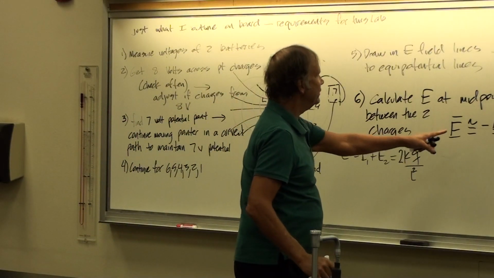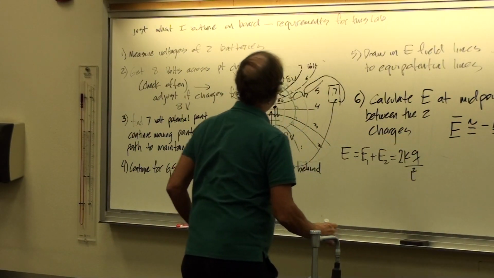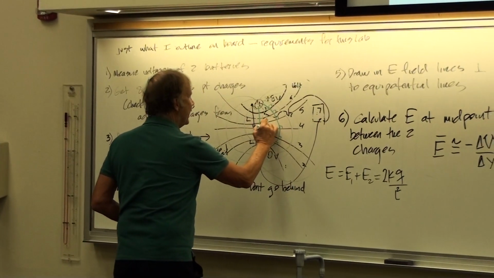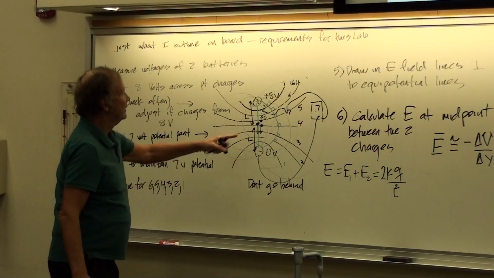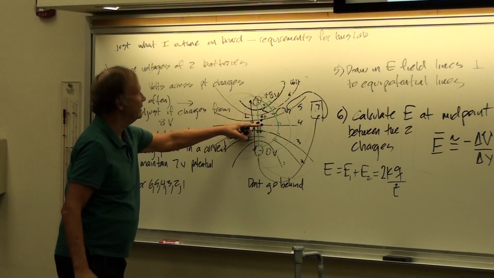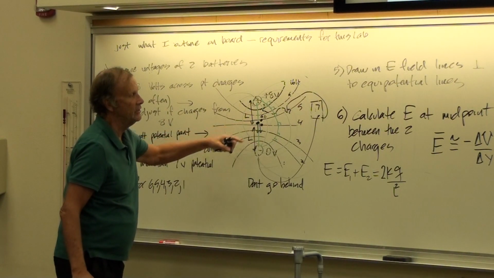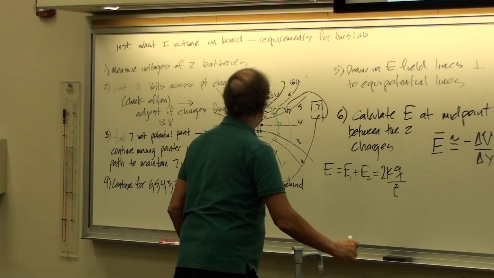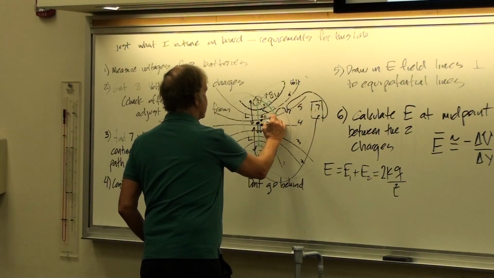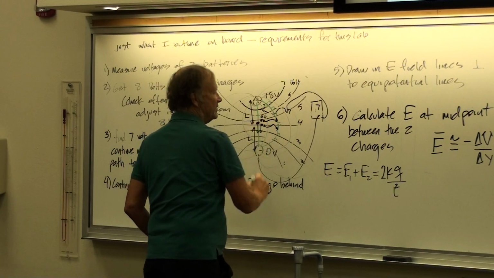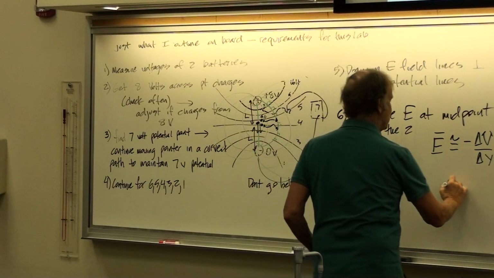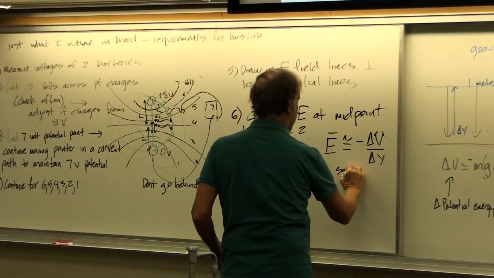But the experimental value we can get by just taking two nearby points that are near the center. So you want to take the closest spaced equipotential lines to do this. And then, say this is the 6-volt line, this is the 5-volt line. And let's say this distance is 1 centimeter. So in this case, this would be a sample calculation.